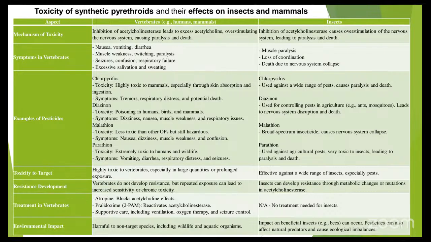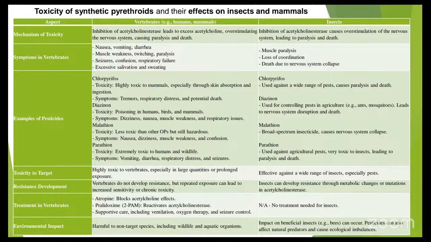And pralidoxime reactivates acetylcholinesterase, and symptoms of type 1 pyrethroids. The type 1 group includes the non-alpha cyano pyrethroids. They cause a lot of toxicity. And in case of insects, no treatment is needed for insects because the purpose of it is to be toxic to insects only. That's the reason they use this.